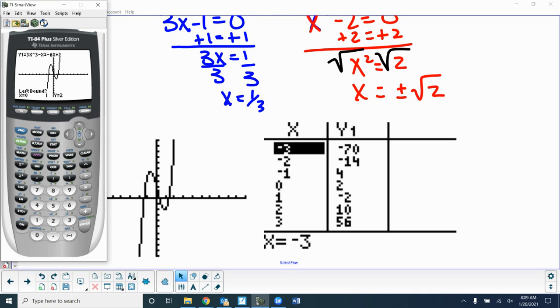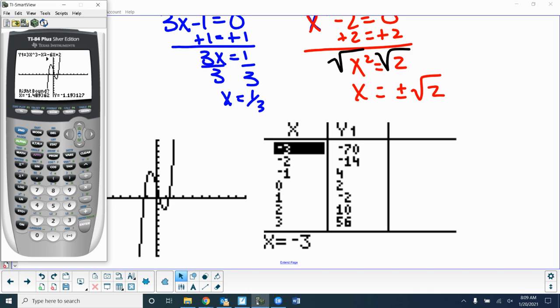All right, and I'm just going to find this one first, then I'll find that one, then I'll find that one. I'll go from left to right. Okay, so it's asking for left bound. So I have to go left of that point. So I have to get below the x-axis, that down here is left of this 0.